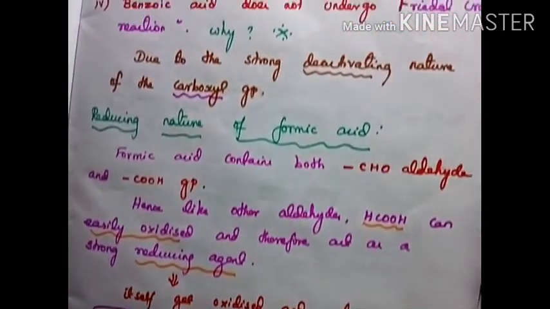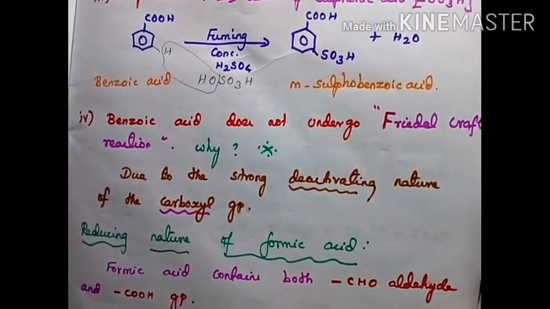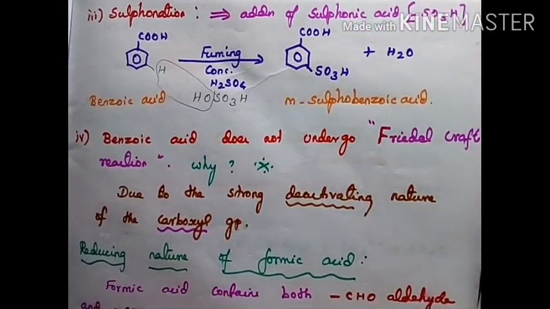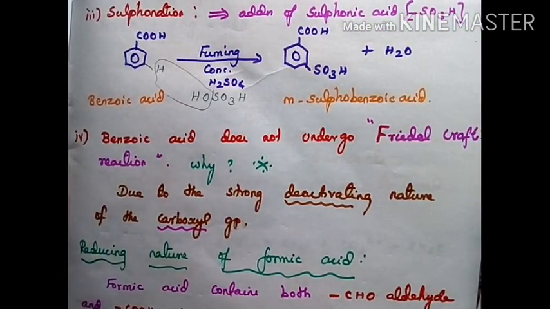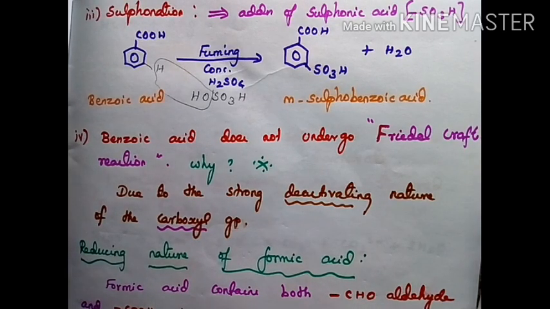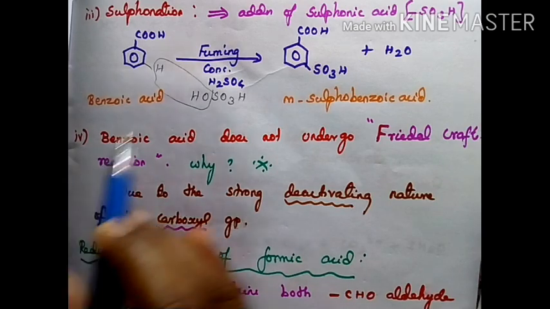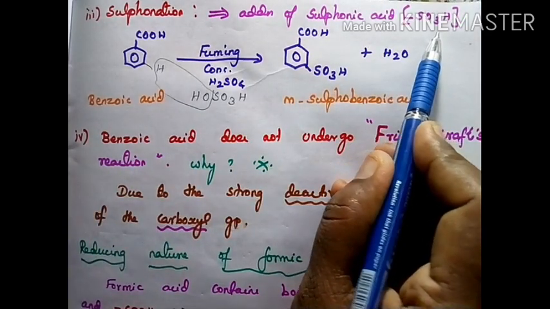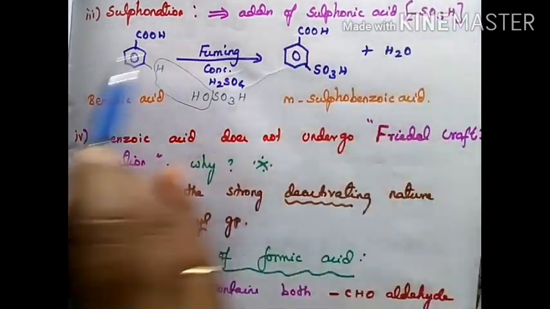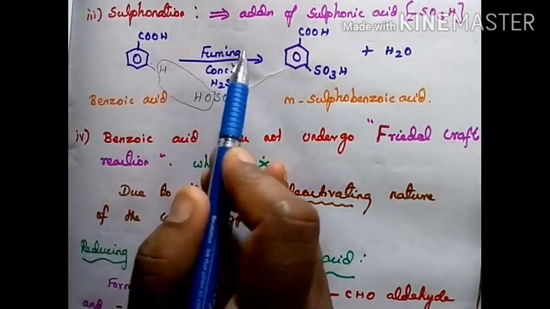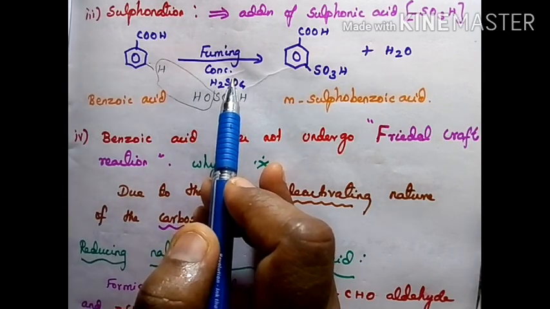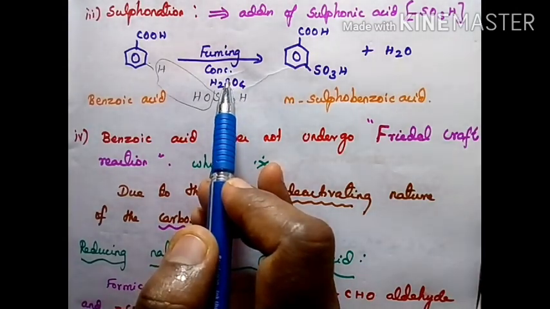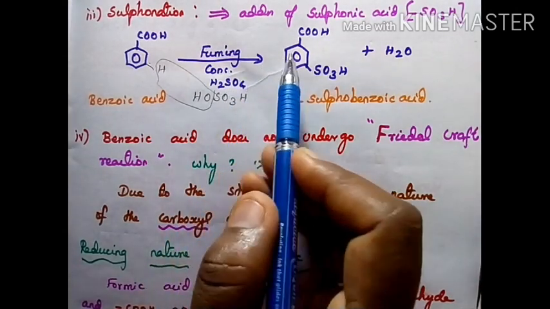And the next one is sulfonation. What is sulfonation? Halogenation means addition of halogen; sulfonation means addition of sulfonic acid, SO3H. So benzoic acid with fuming concentrated sulfuric acid: what happens?